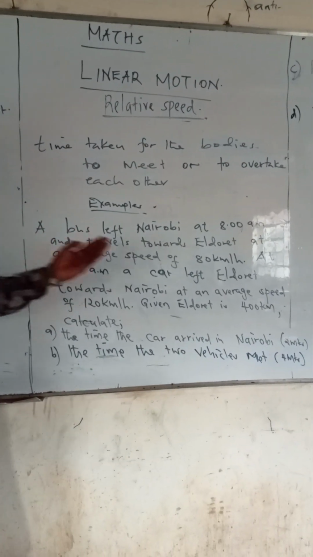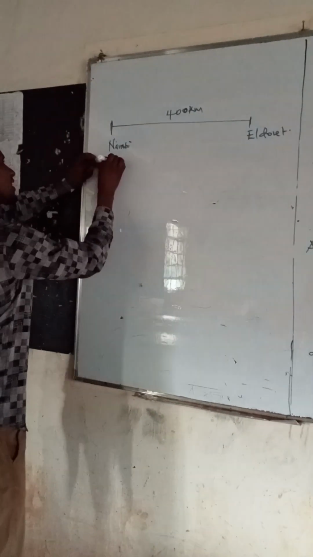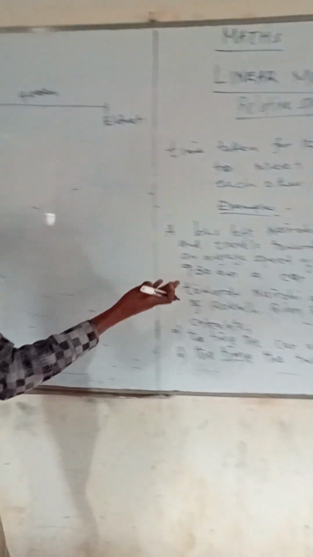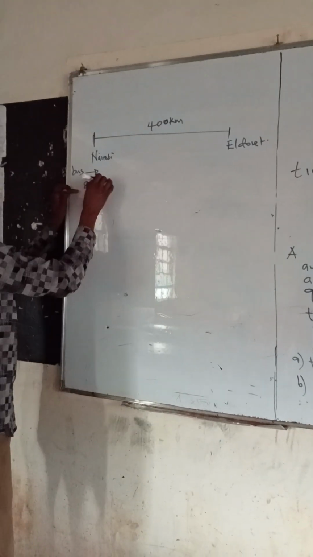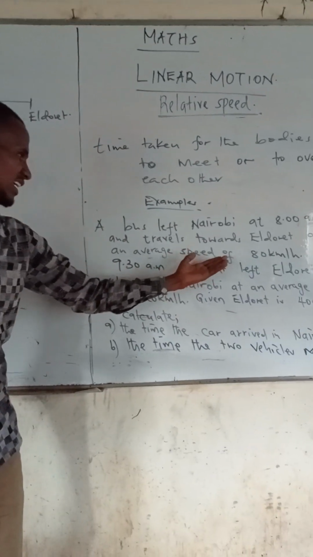And you are told that there is a bus and a car. A bus left Nairobi. So this is the bus, leaving Nairobi at 8:00 a.m., at an average speed of 80 kilometers per hour.